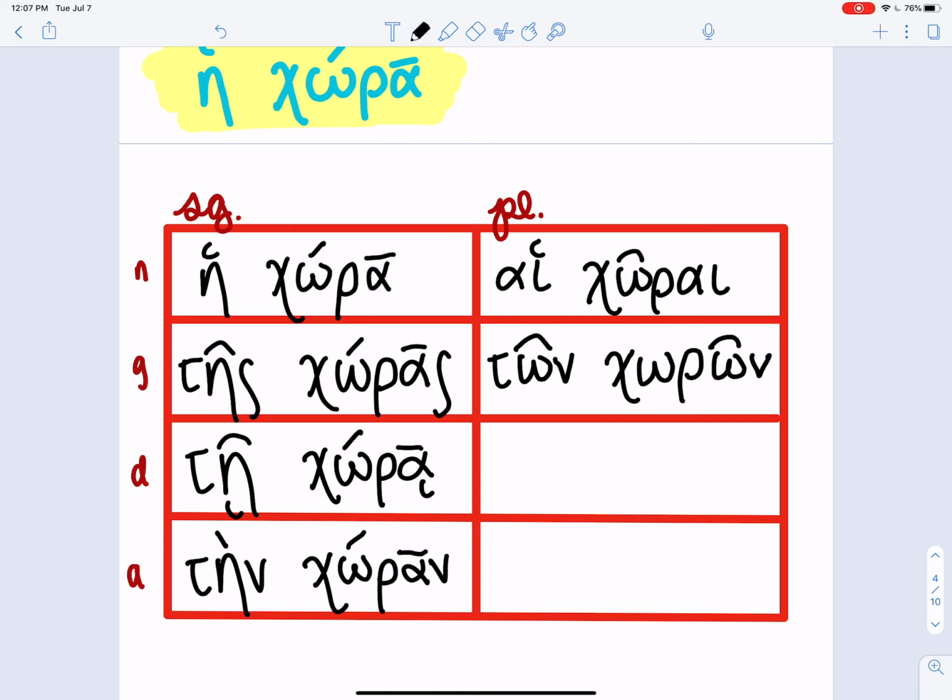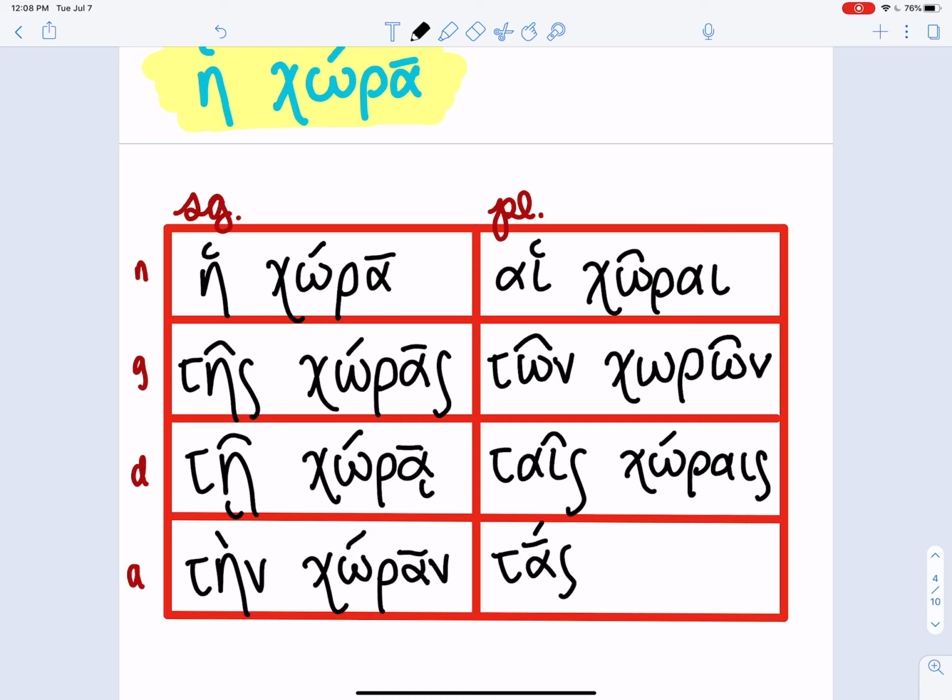Okay, dative plural is tais for the definite article with the circumflex over the iota, and then horais. What an interesting word. Horais, and there we have the acute again on the omega, and then accusative plural, tas.